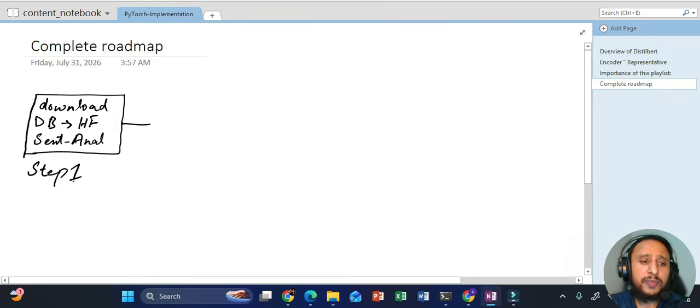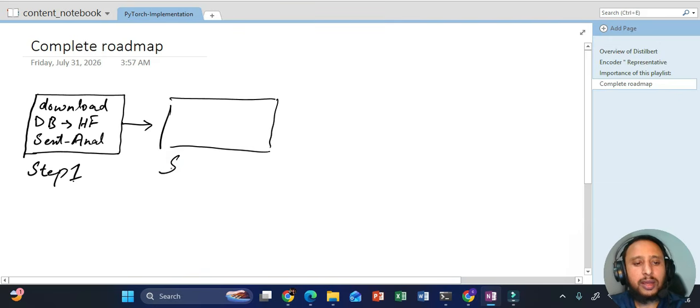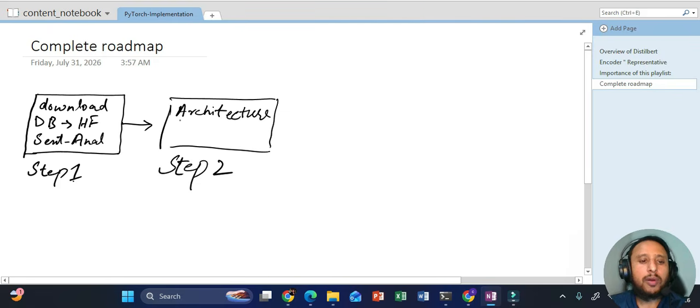Okay, then comes the next step, and at this stage we are going to understand the architecture of the DistilBERT model that we previously loaded into memory and used.